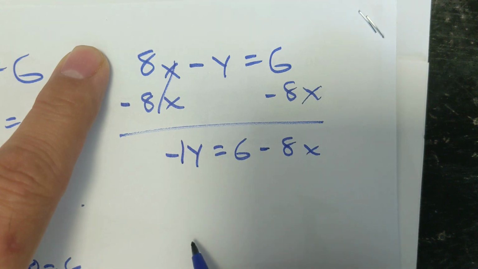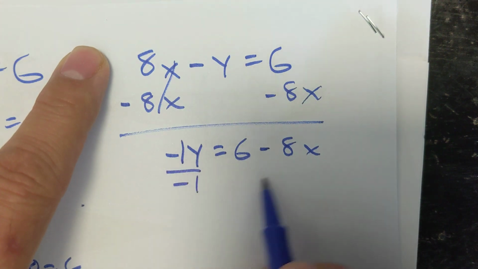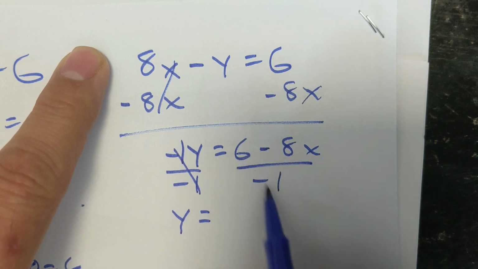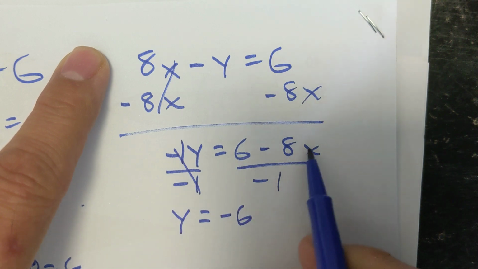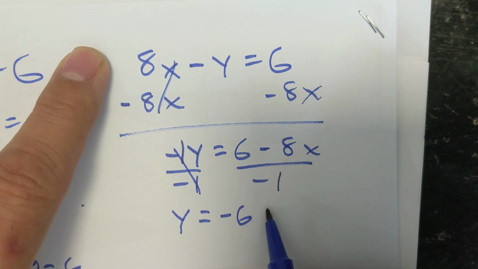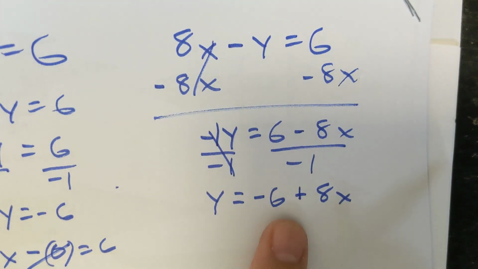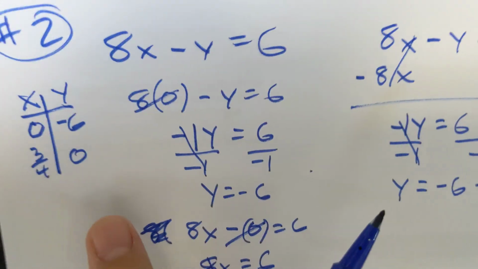Again, invisible 1. So we would divide by negative 1. So y equals 6 divided by negative 1 is negative 6. This minus and this negative will cancel, become a plus, and 8x over 1 is just 8x. Okay. Now, either way we graph this, with slope-intercept or standard form, we should get the same thing.